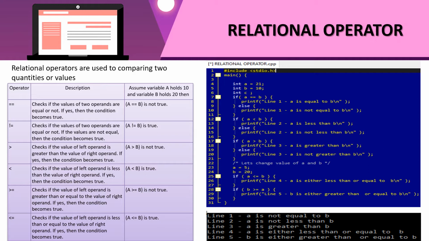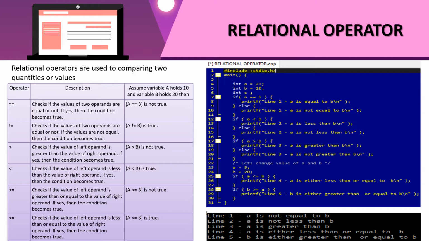Then the next relational operator is less than. It checks if the value of the left operand is less than the value of the right operand. If yes, then the condition becomes true. With A equal to 10 and B equal to 20, A less than B is true.